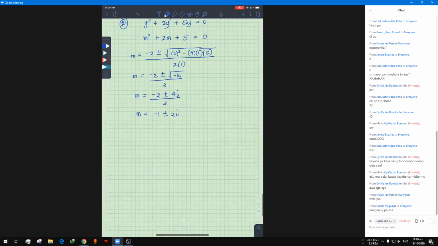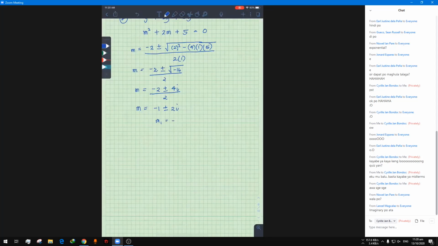Ang M1 natin is negative 1 plus 2I. So ang pangalawang roots natin would be negative 1 minus 2I.